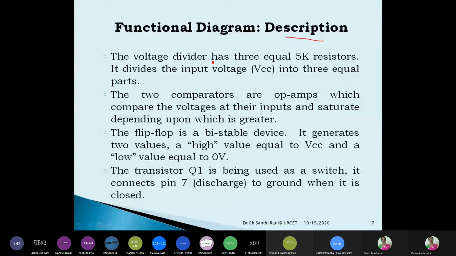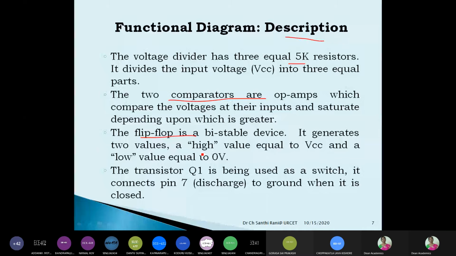The voltage divider has 3 equal resistors and then 2 comparators are there. This is the circuit diagram description I am telling, right? It has 2 comparators, and then one flip-flop is used.